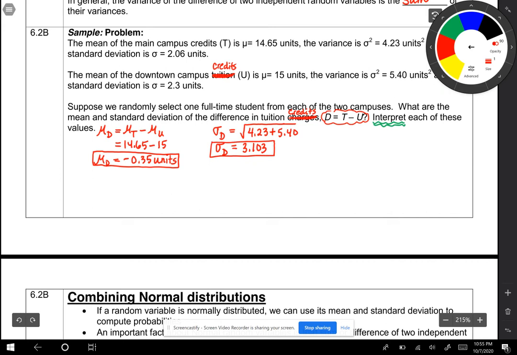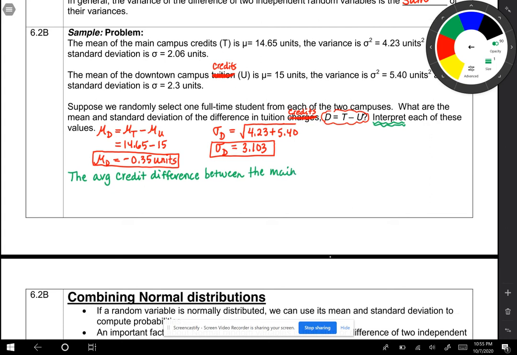And so the interpretation is always the hardest part. So let's interpret the negative 0.35. The average credit difference between, remember it was T minus U. So T was the main campus. So between the main campus, so how you word this is super important.